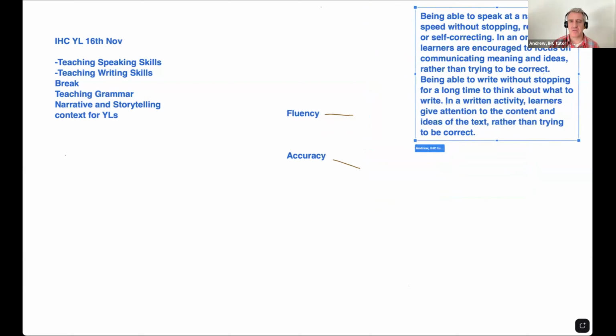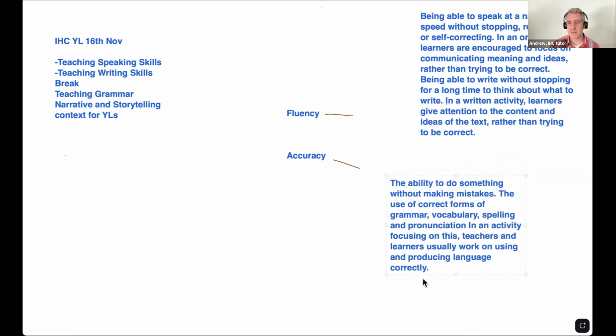So the next one then must be accuracy. So let's look at how to define that. And that's the ability to do something without making mistakes.